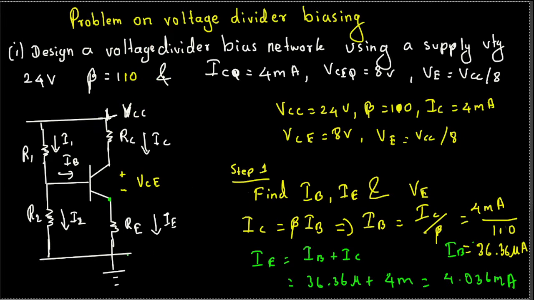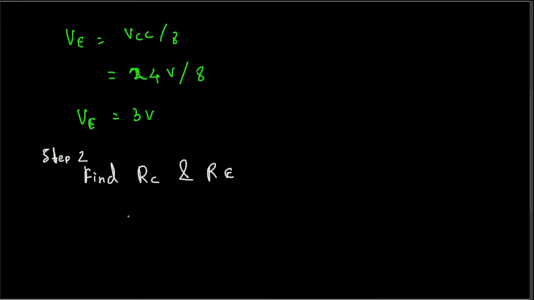For RE, we have the IE available, VE available, so that is straightforward. We can apply Ohm's law. Ohm's law says V is equal to I times R. Therefore, R is equal to V divided by I. So RE should be equal to VE divided by IE.